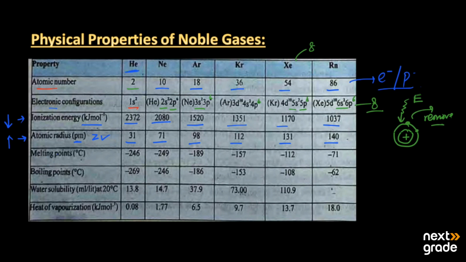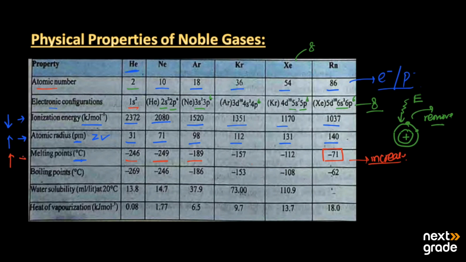On the other hand, when we talk about the melting point, which is in degrees Celsius, the melting point of helium is minus 246, neon minus 249, and argon minus 189, and so on. When we move from helium to radon, its melting point is minus 71. So there is an increase in the melting point when we move from top to bottom.